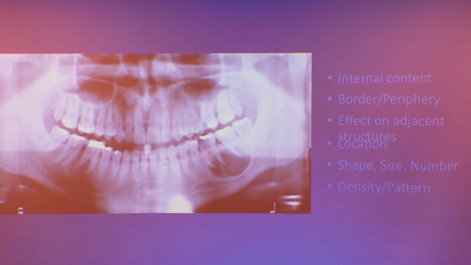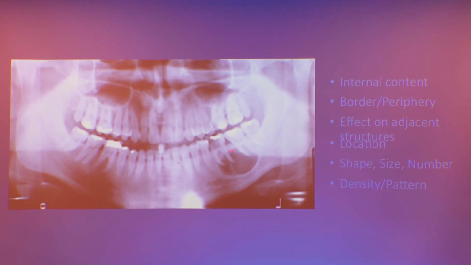So I'm looking at this pan, and we'll just focus right here. I see a lucency that is circular to oval in shape. It's homogeneously lucent, not much of a pattern within it. The borders are smooth, they're regular, and they're corticated. There's an opaque line around them. That means it's walled off.